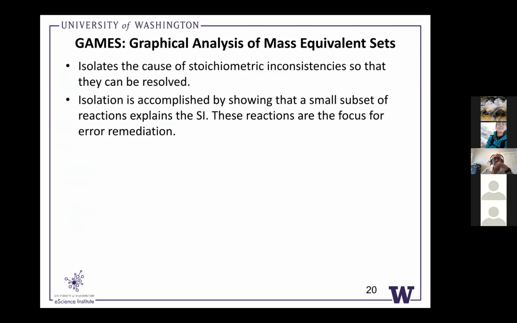There's some work that I was involved with in the last couple of years, called graphical analysis of mass equivalence sets. This piece of work does the same thing of detecting stoichiometric inconsistencies, but it also gives you information about which reactions are involved in the inconsistencies. So you have a chance to figure it out.